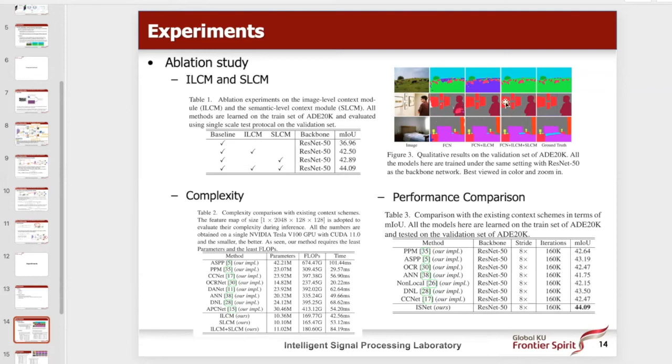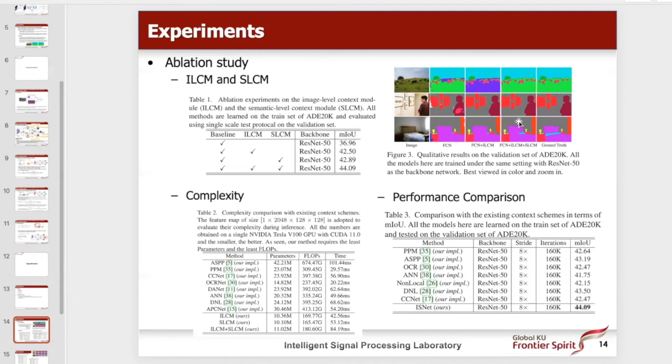Here I will also show you the qualitative results when we use just the image level module, and when we use both the image level and semantic level context modules. The red column is the ground truth. The red region here is also a picture, but it is not shown in the ground truth.